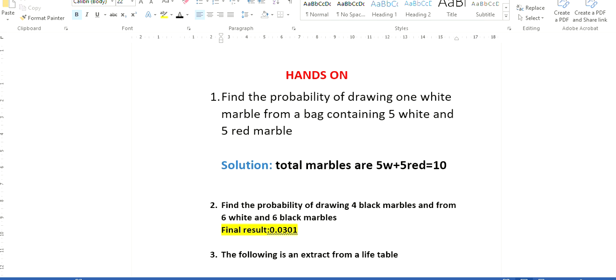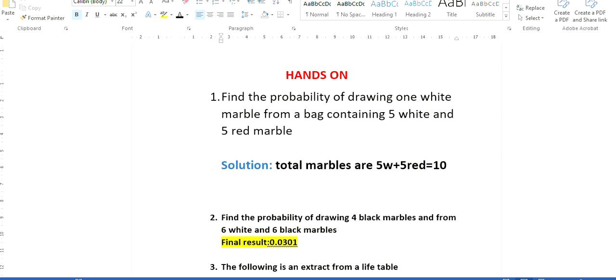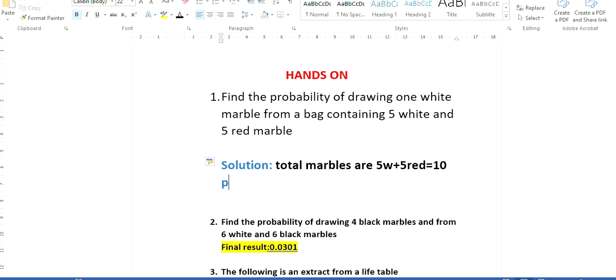Now, what is the probability of drawing one white? What is the formula? The probability of occurrence of an event, P, equals the favorable number of cases divided by the total outcomes.